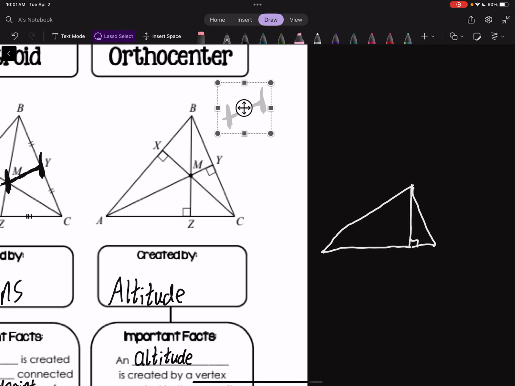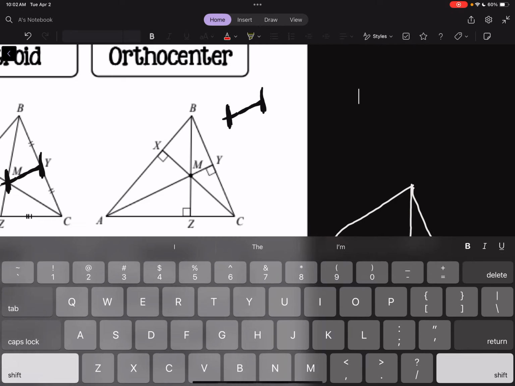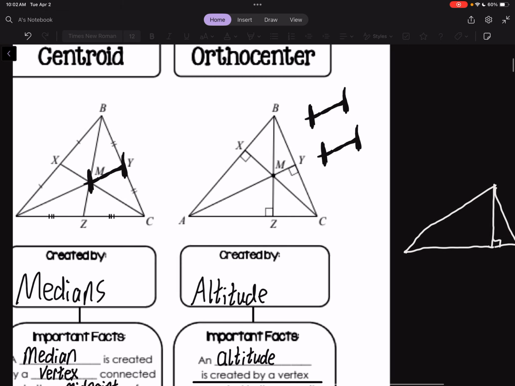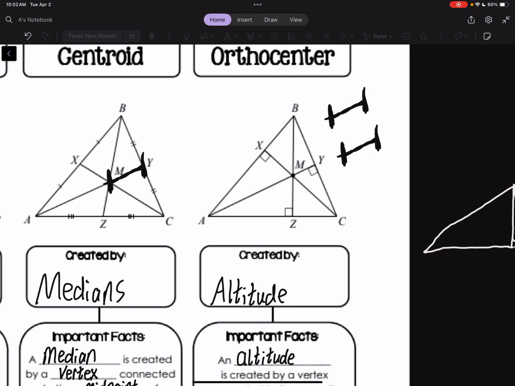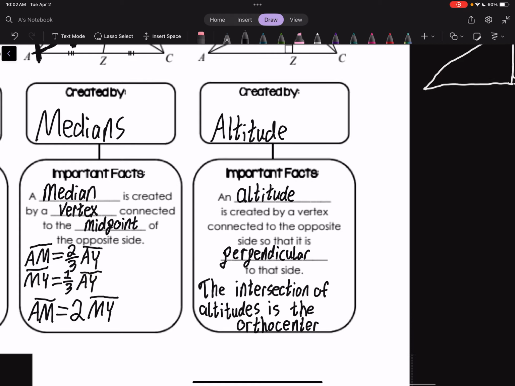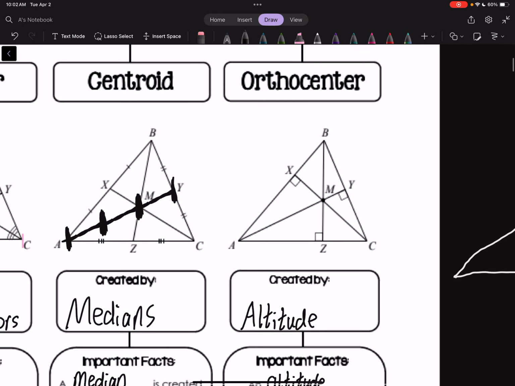Move it over. I should have chosen a different color than black so I could see it here. Okay. So now I have three of that one line segment. I just copy and pasted. If I take these two and move it onto my AM, it fills it up. So 2 MYs is an AM. And if I have all three of them, I do get my AY, my total distance.